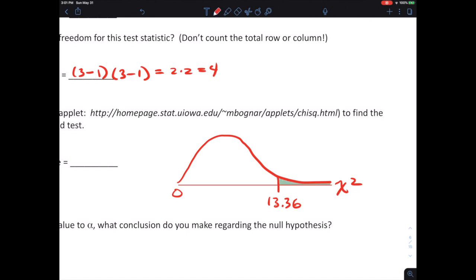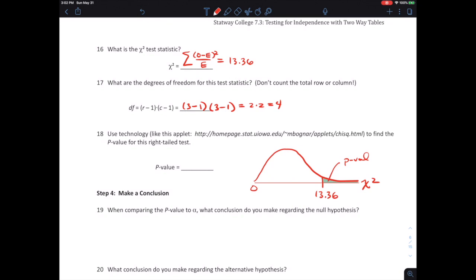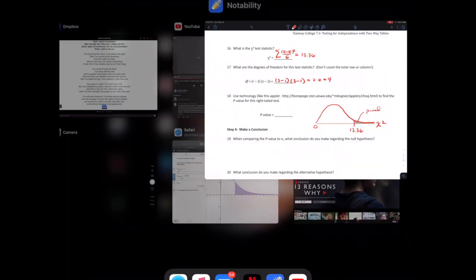Looks pretty small. Okay. Don't forget degrees of freedom are 4. And also that you're going to be able to go to the p-value calculator on the home page in Canvas for our course to find the p-value calculator for the chi-square distribution. Okay, I'm going to jump over to that right now.